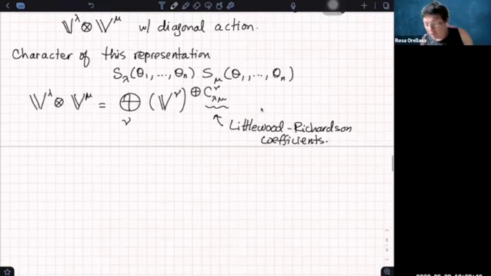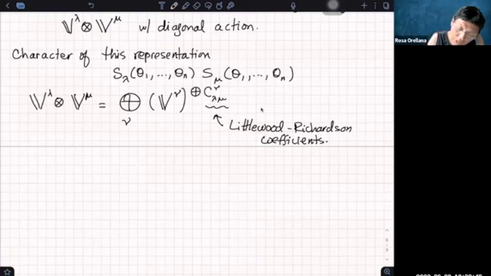I'm not going to go into it, but there are many different rules, combinatorial interpretations, for computing these coefficients.